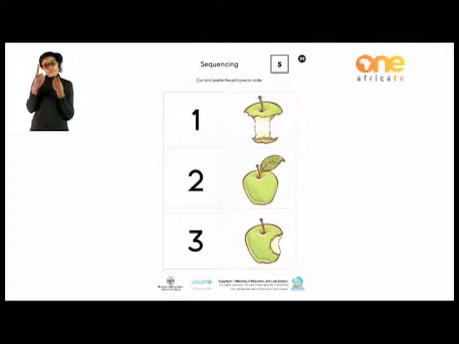The second apple, which is bitten only once, you will paste at the back of number 2. And the apple that is finished, you will paste at the back of number 3. So after doing this, you have sequenced your apples from a whole apple to an apple that is finished.